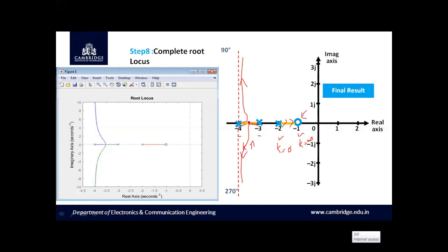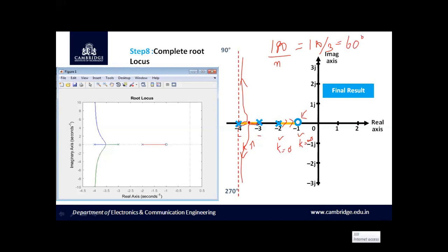And this is the path which has been followed by these branches. And the angle of the breakaway point is given by 180 degrees divided by the number of root locus branches. As we have 3 root locus branches in this case, 180 degrees divided by 3 will be equal to 60 degrees.